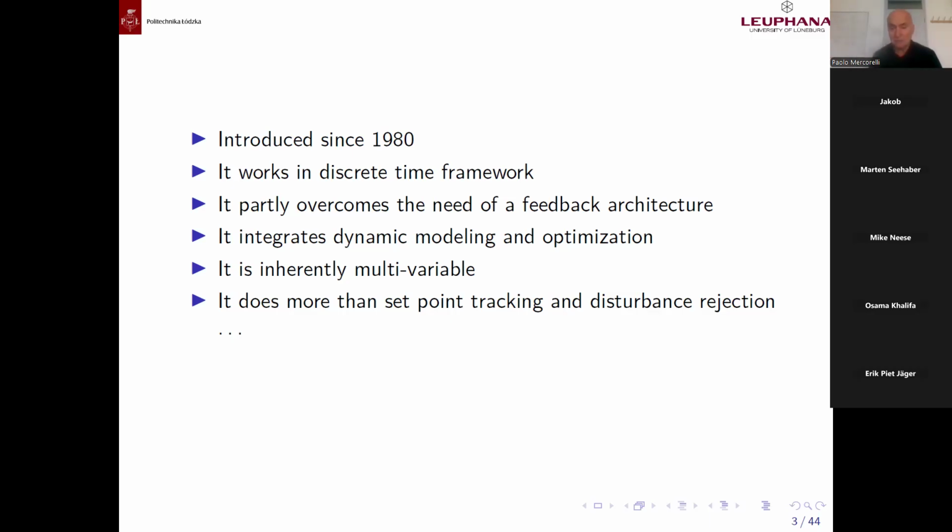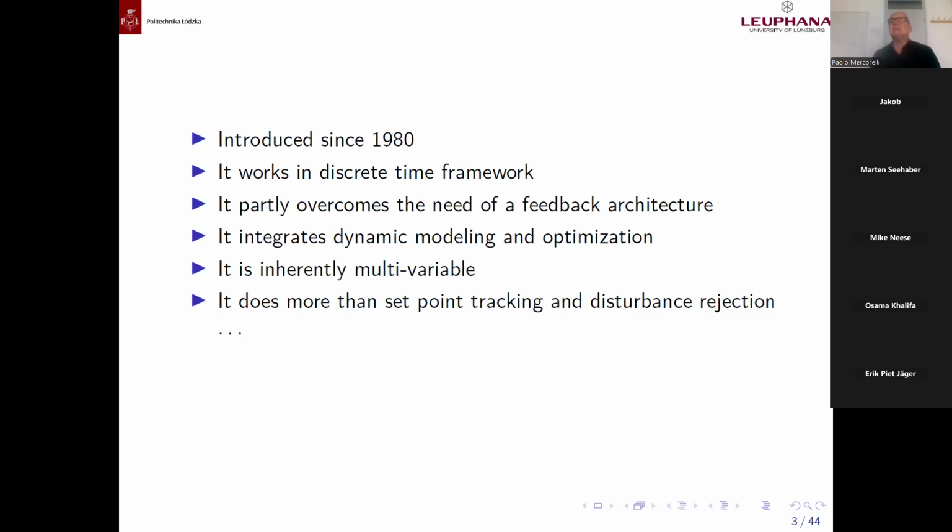The total control structure. First of all, we simplify the feedback architecture. And as I told you exactly now, the feed-forward architecture or structure typically is easier to be realized than the feedback one. Yeah, as I told you already, commented this point here, we have an integration between the model and the optimization.